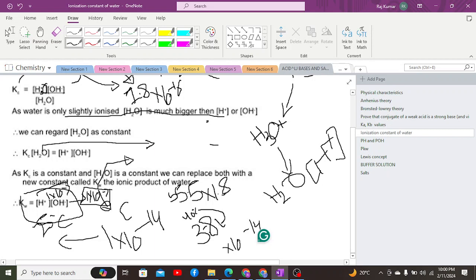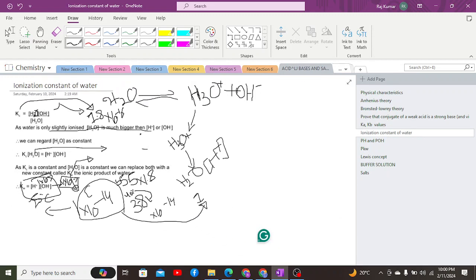One more thing: as the dissociation constant of water is of the order of 10 to the power minus 14, the dissociation of water is very, very small.